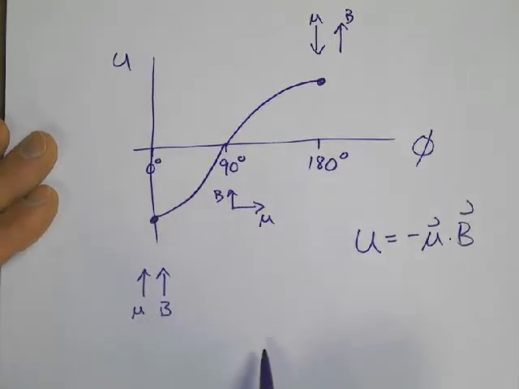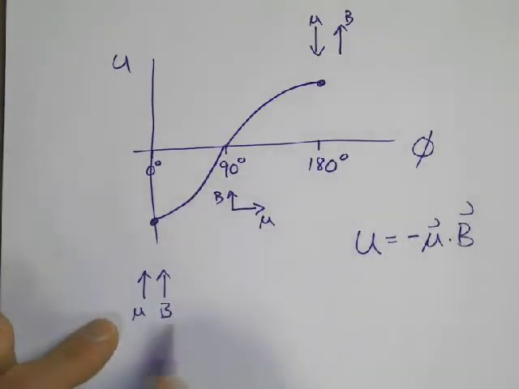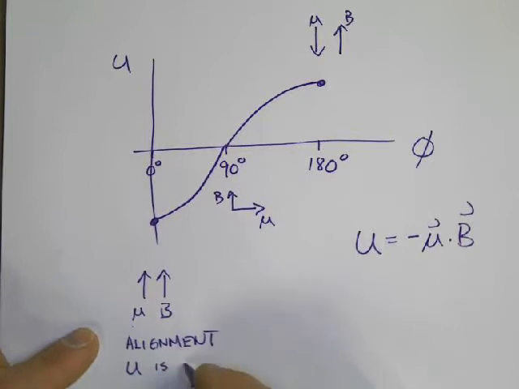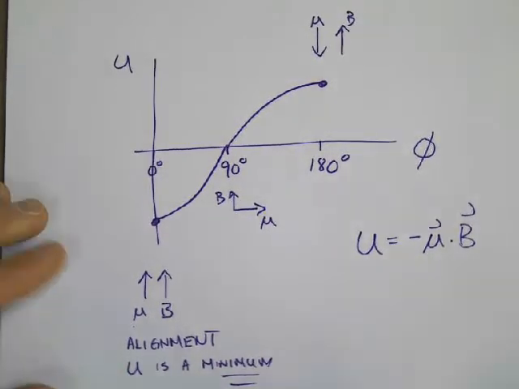But also think about the physics of this, that when the two vectors are lined up with each other, that's a minimum in the potential energy. So when you have alignment, then the U is a minimum, which it is. Okay.